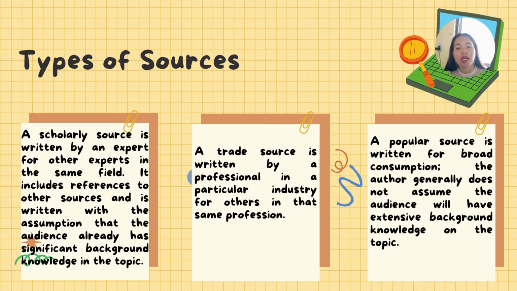It includes references to other sources and is written with the assumption that the audience already has significant background knowledge on the topic. Now, a trade source is a source written by a professional in a particular industry for others in that same profession.